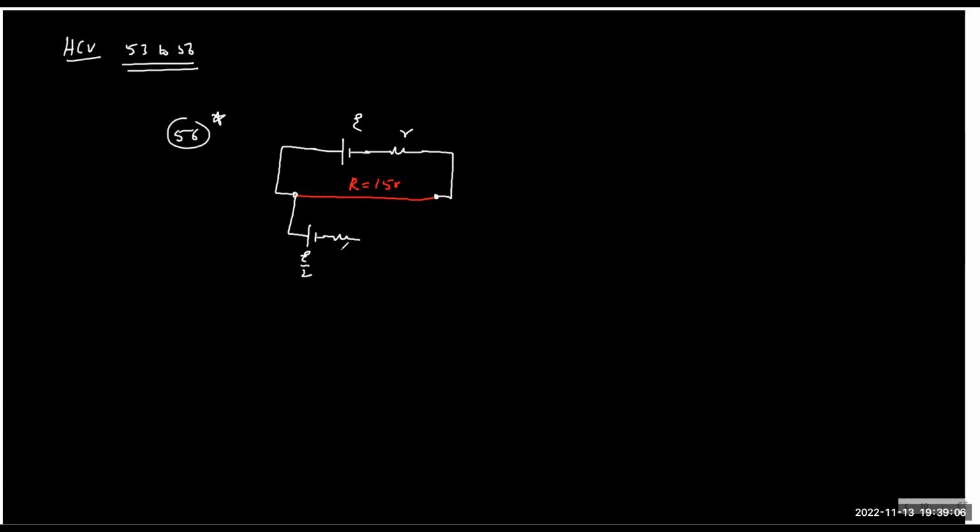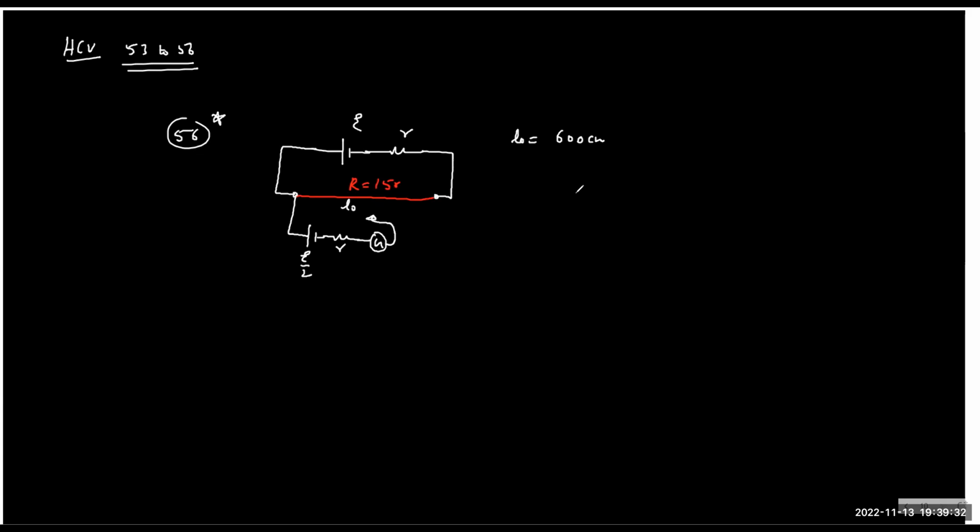This is R. And it is going to touch somewhere. Let me read this question. Consider the potentiometer circuit arranged as in the figure. The potentiometer wire is 600 centimeter long.